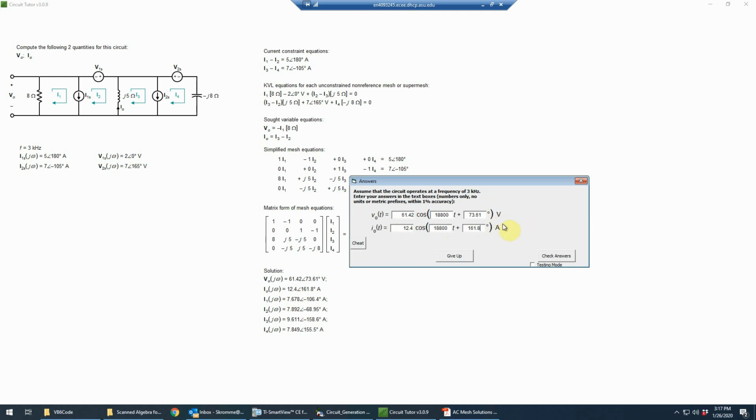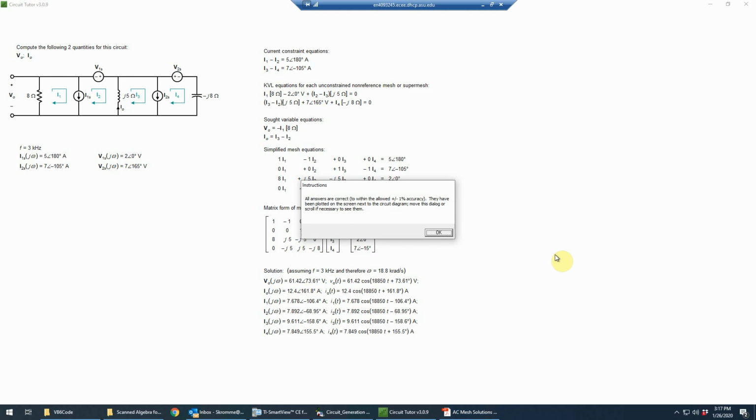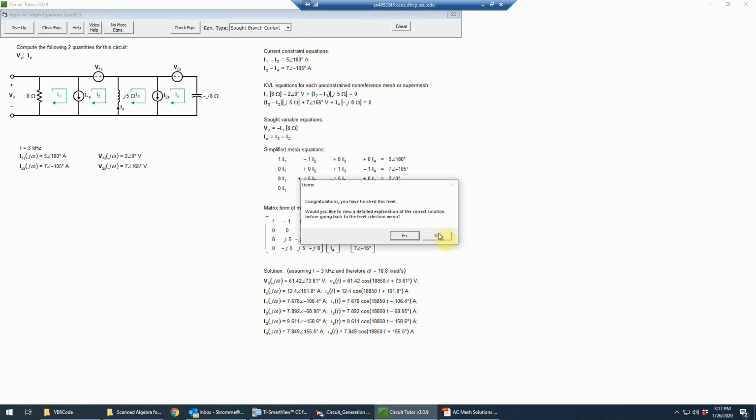Okay, and then the appropriate units, of course, if you're doing it by hand, you've got to make sure that you put the units on these quantities or they wouldn't be treated as being correct. Okay, so let's check that. And those are in fact correct. That's been printed on the screen. And that does complete the problem.